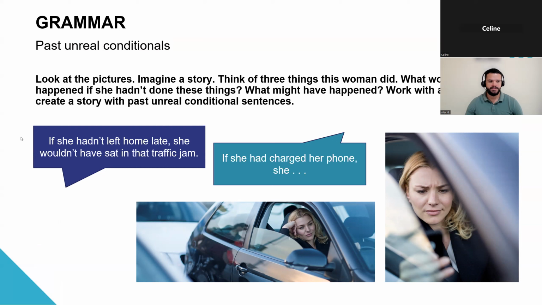And it says, if she hadn't left home late, she would have sat in that traffic jam. How can we complete this example here? Can you complete this example here?